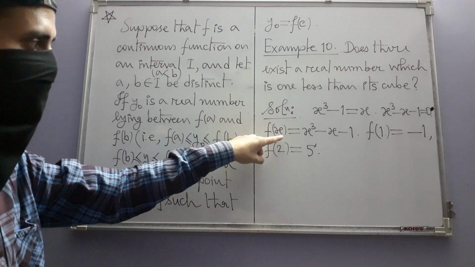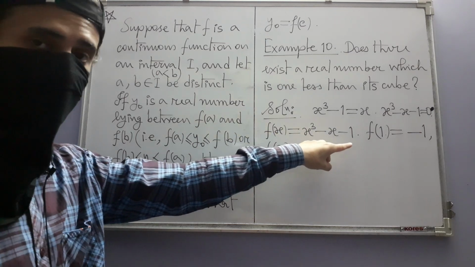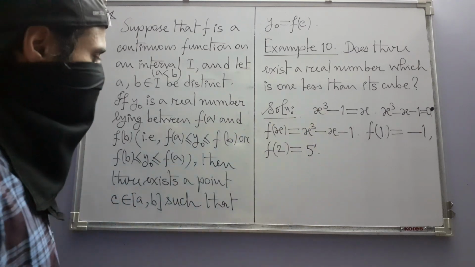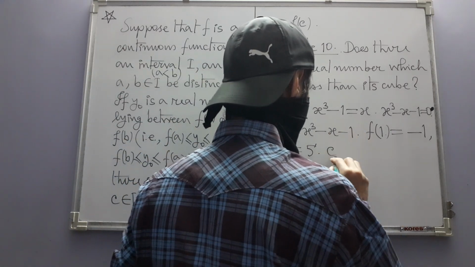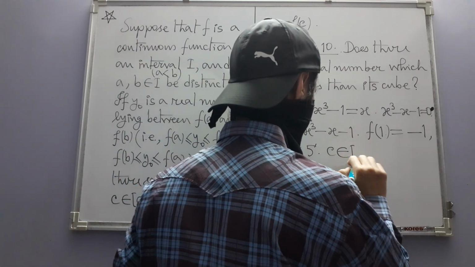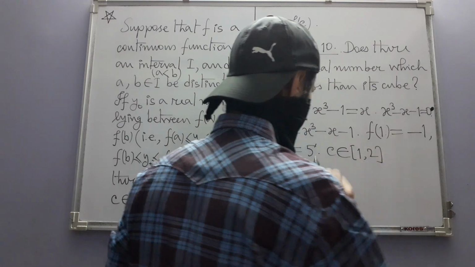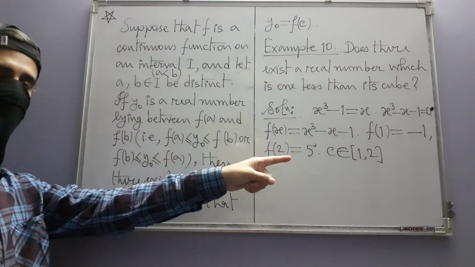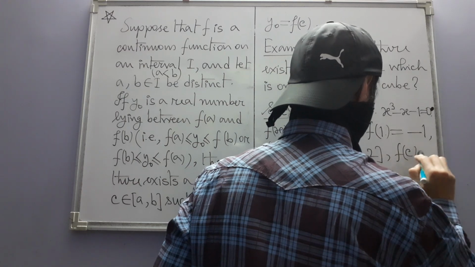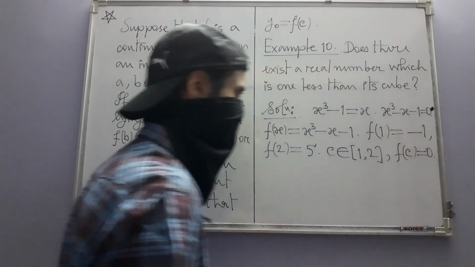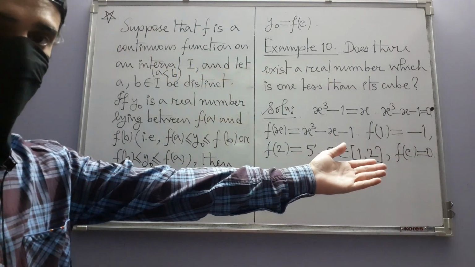And because we know that this function being a polynomial is continuous, so by the intermediate value theorem, there exists a c lying in the closed interval a comma b, such that f of c is equal to 0. That chosen point y naught is 0.